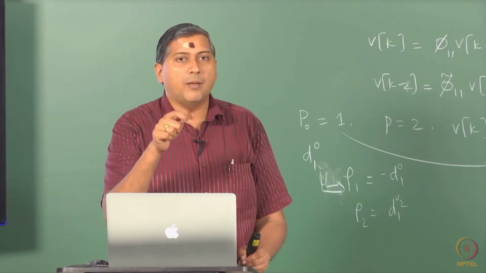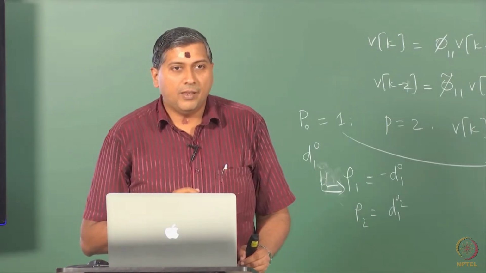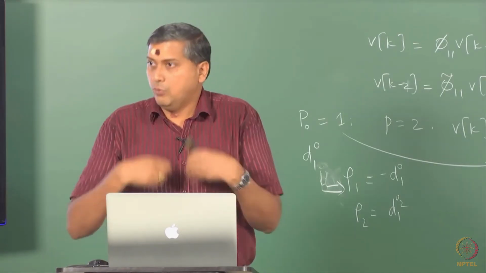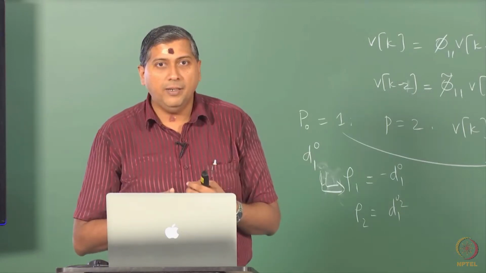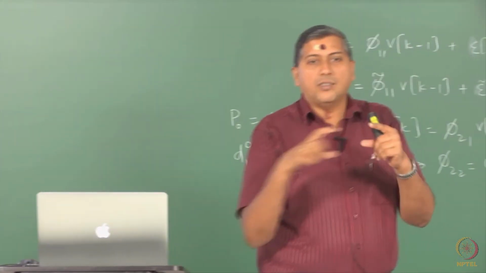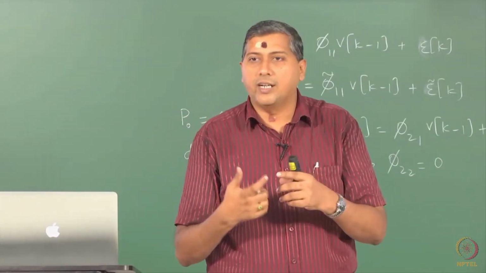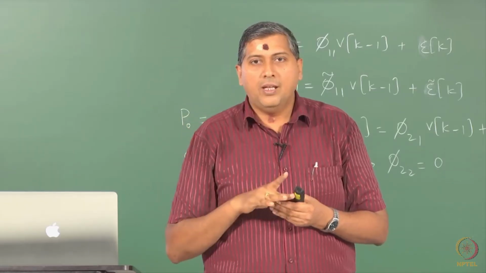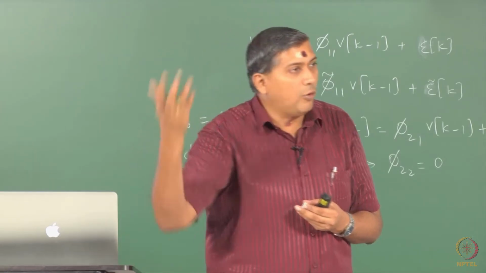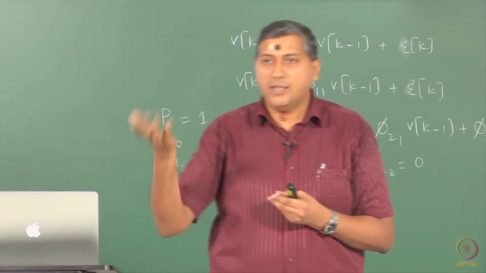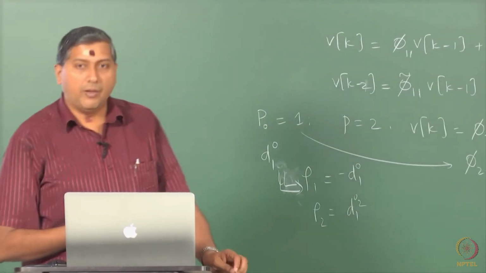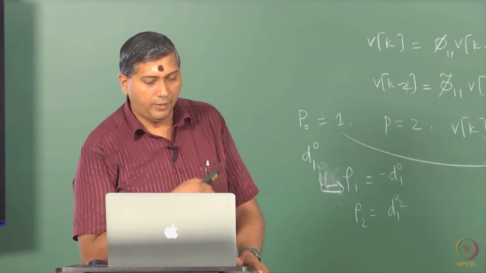If I have worked out the estimate of a first order AR for a given process, and I want to now fit an AR2 and see if AR2 is better suited than AR1, then I do not have to solve those two equations that we saw earlier all over again. I can use a recursive relation, and this applies to any order. If I know the coefficients of the AR model of an order P, then the coefficients of an AR model of order P plus 1 can be computed recursively, and that was the algorithm given by Durbin and Levinson, and today it is known as Durbin-Levinson's algorithm.